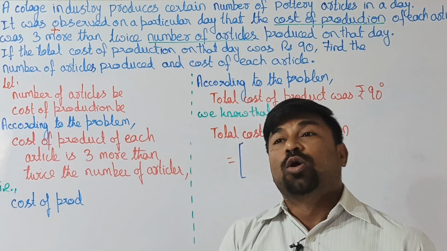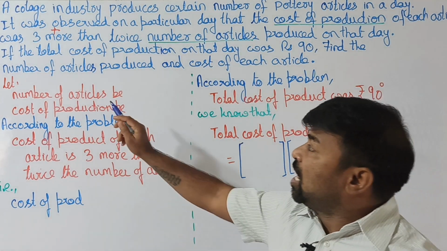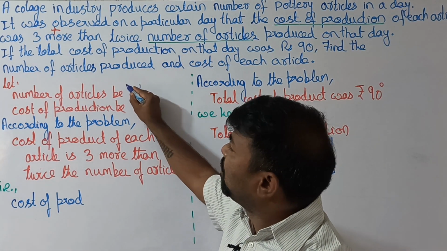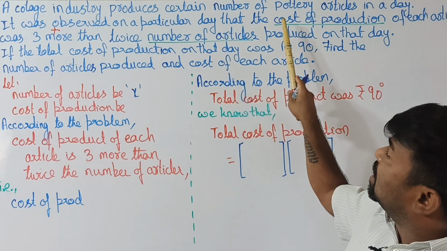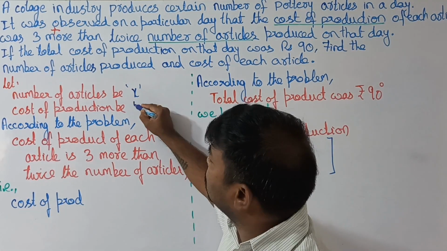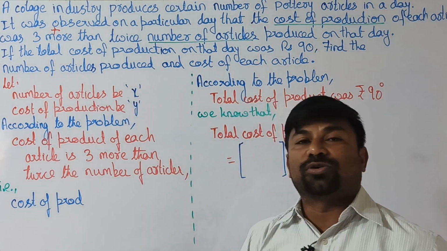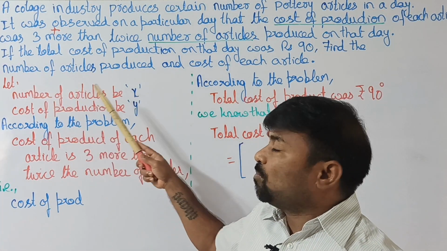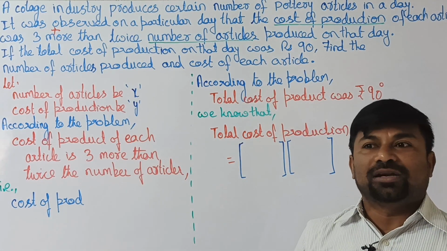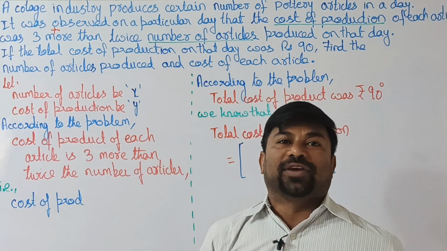This is a beautiful logic you have to remember. So let the number of articles be x and the cost of production be y. Till here we have introduced the variables.